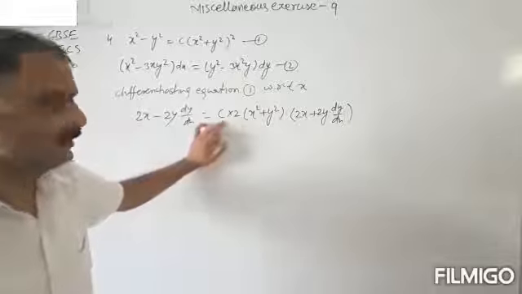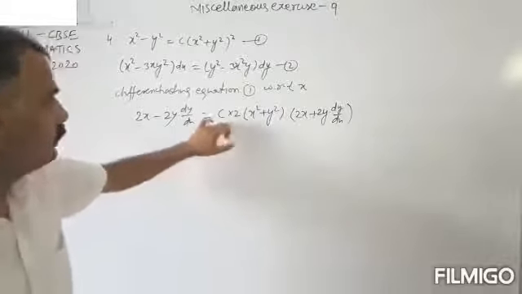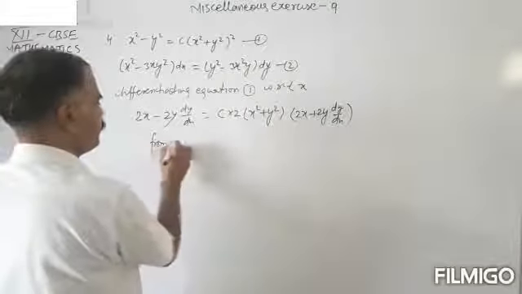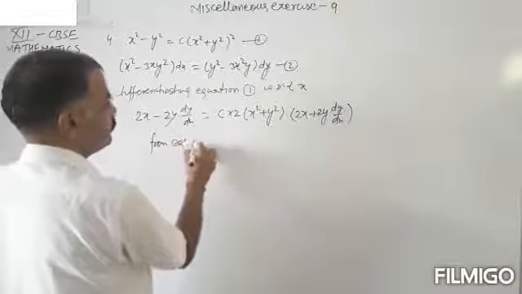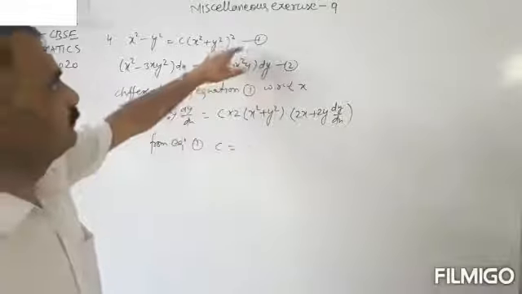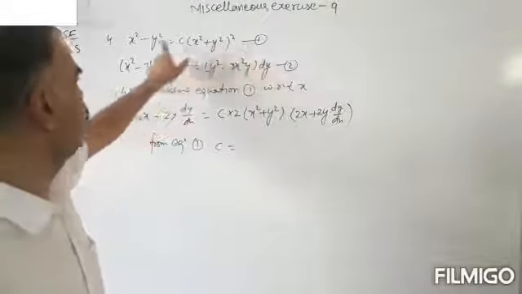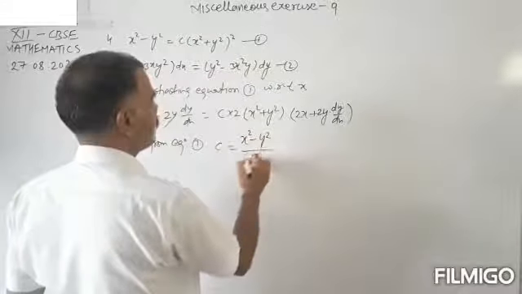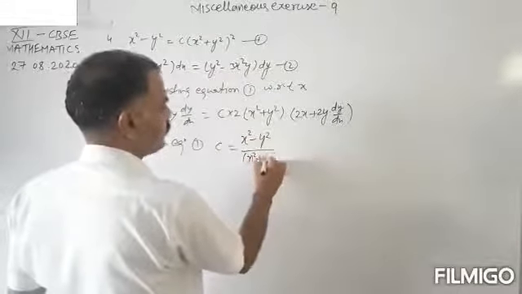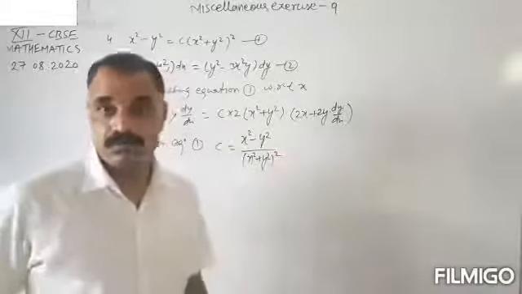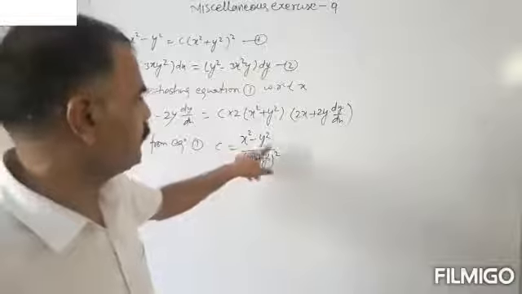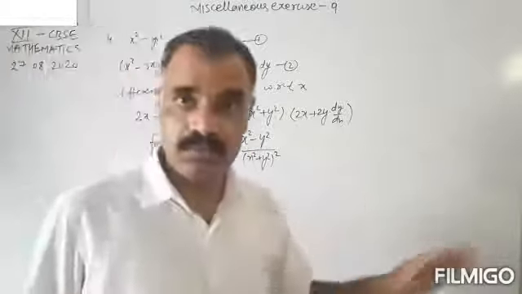Now c is there. From equation first, c is equal to (x square minus y square) upon (x square plus y square) whole square.